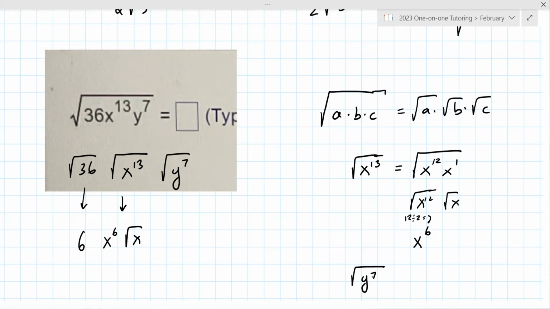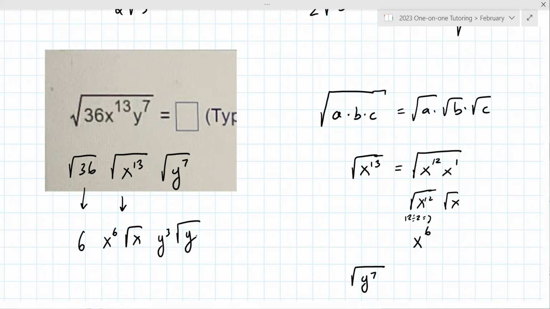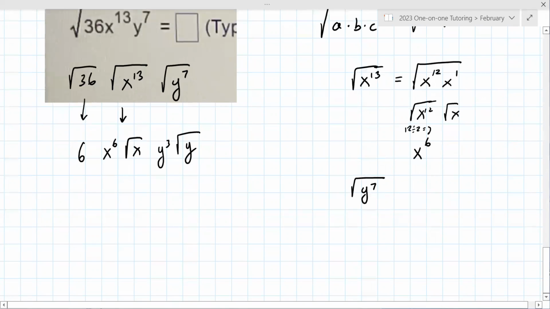I got y to the 3 and square root of y. Oh yeah, y cubed. Yeah, that's just a minor thing, but that does matter. So now the last part here is to just clean up. You've got to merge the stuff that's outside the root.